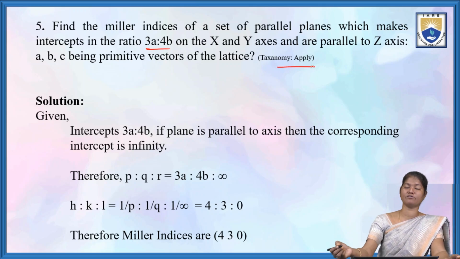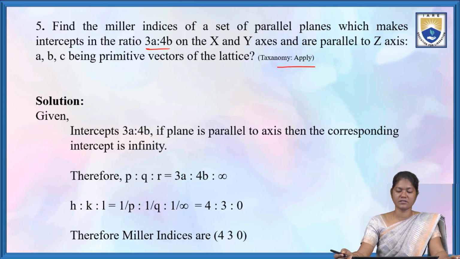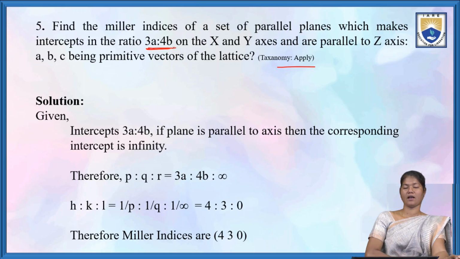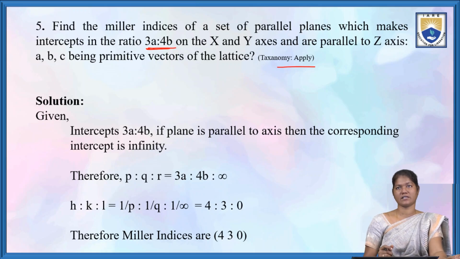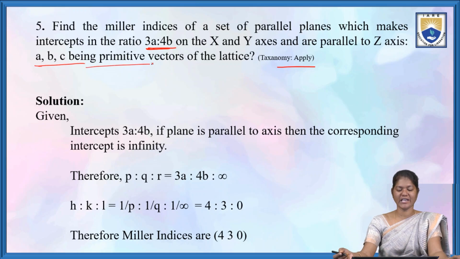So this is applying level of Bloom's taxonomy. Here we have to find the Miller indices of a set of parallel planes which make intercepts in the ratio of 3a is to 4b on the x and y axes and are parallel to the z axis.